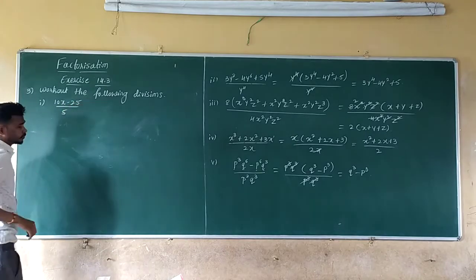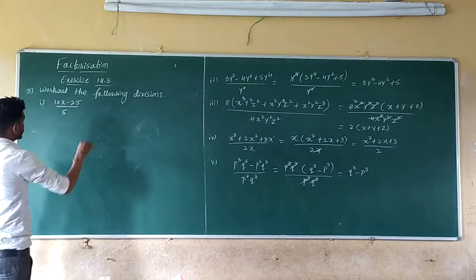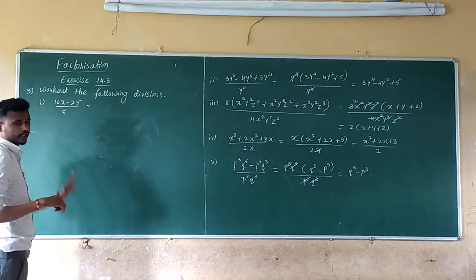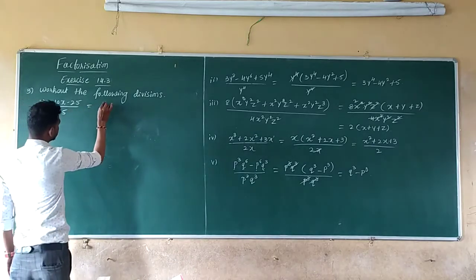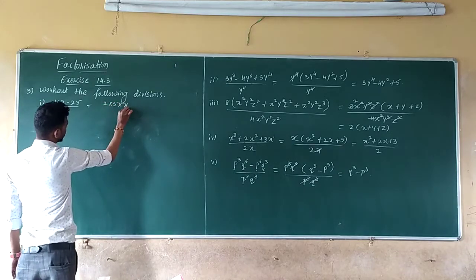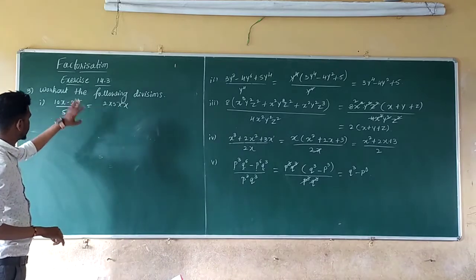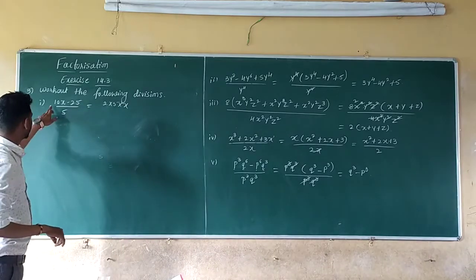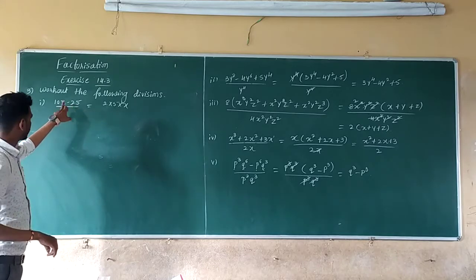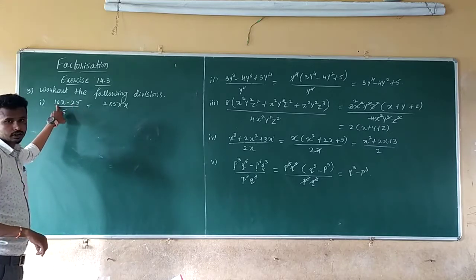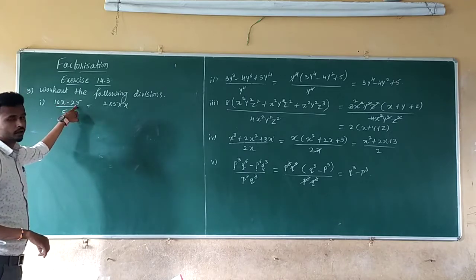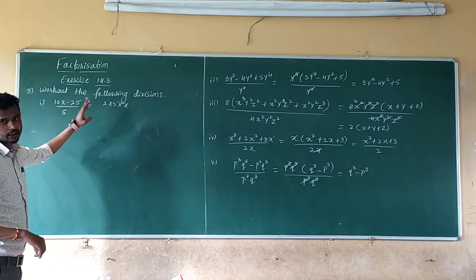Divided by 5. So here now 10 you can write, take common, then you can divide that. So 10 we can write as 2 into 5, or else directly also you can take the common. So 10x and 25, both are divisible by 5. So take 5 as a common: 5 2s are 10, you will get 2x, and 5 5s are 25, like that also you can do.